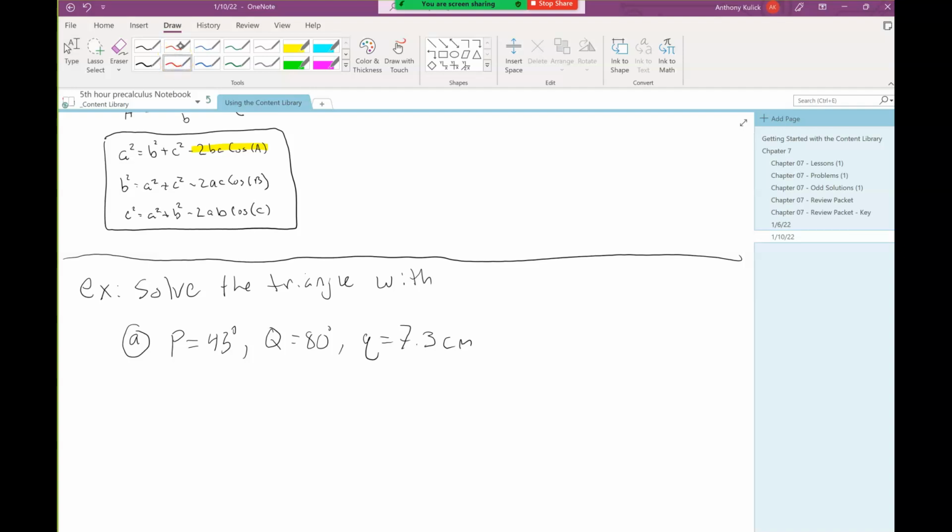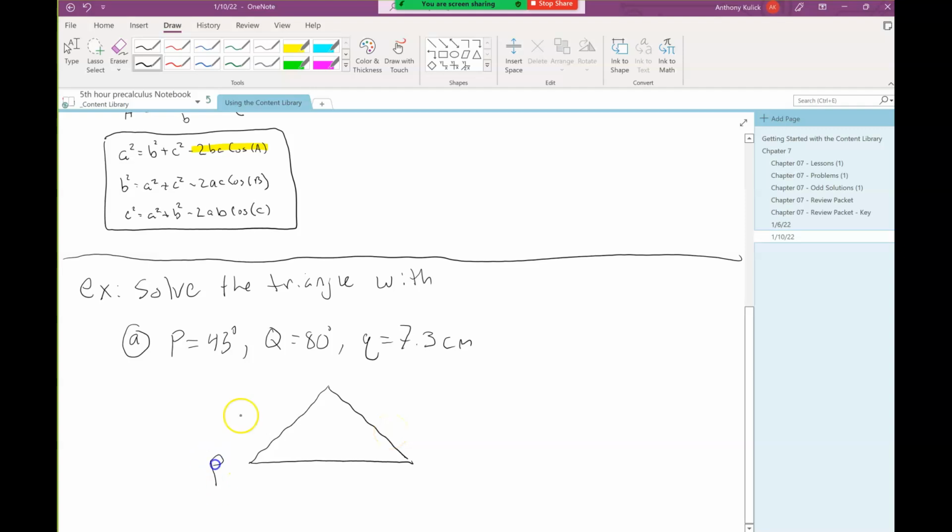Okay, so let's say we have a triangle with angle P 43 degrees, angle Q 80 degrees, and side Q 7.3 centimeters. The first thing that I would do is draw and label a picture.